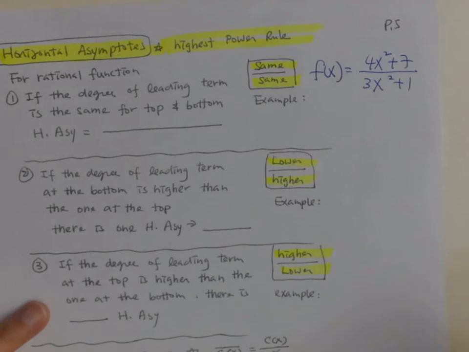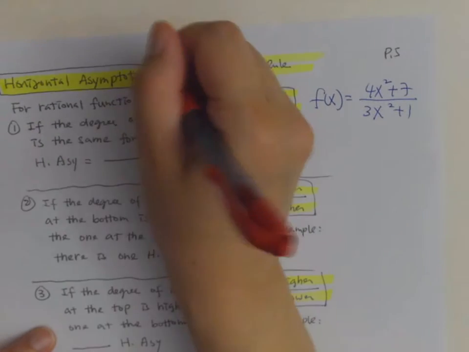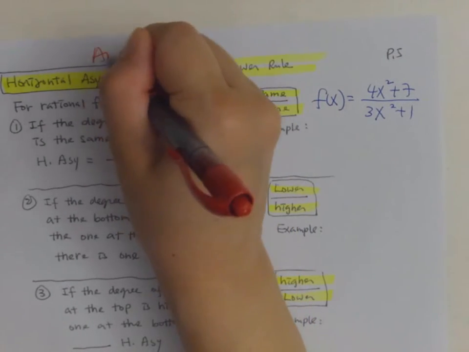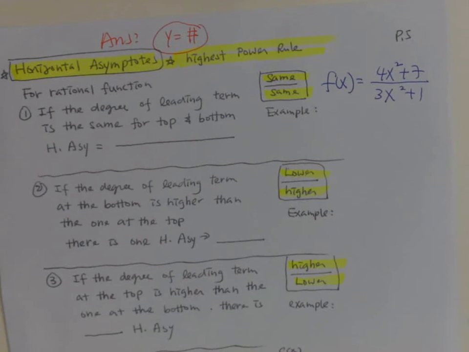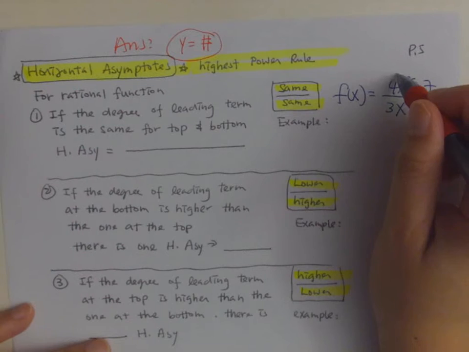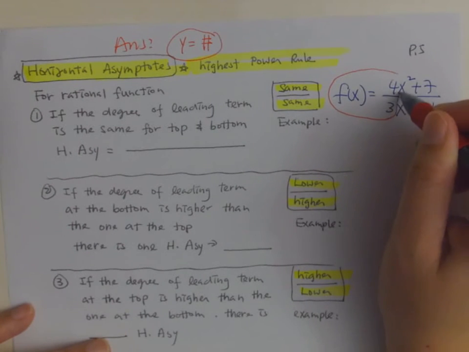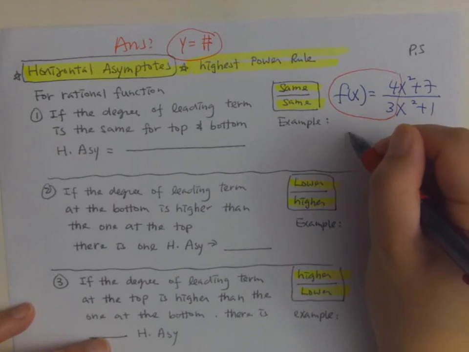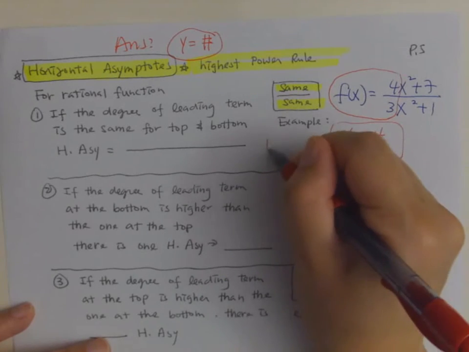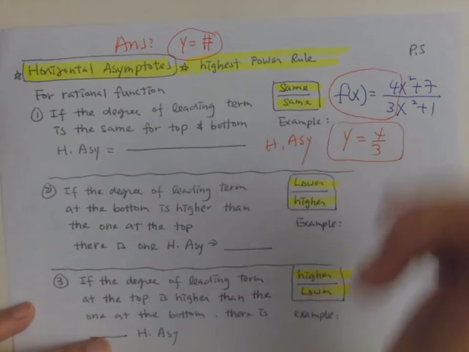Another thing is a horizontal asymptote is a horizontal line, so the answer has to be y equal to some number, okay? Looking at it here, we say highest power rule, right? So we just pick up the leading coefficient. So y equals 4 over 3. This is my horizontal asymptote.